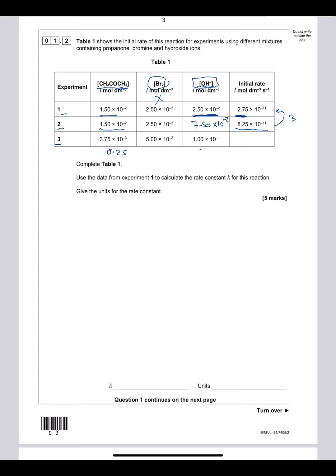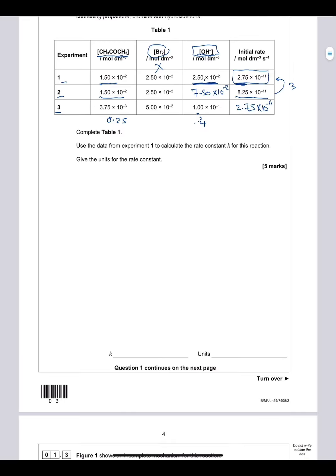And for the hydroxide, the concentration has increased compared to the first one, increased 4 times, which means we're going to multiply this by 4. So when you take the initial rate from the first one, multiply this by 4 and also by 0.25, that will give you the exact same initial rate, which is 2.75 times 10 to the minus 11. So this is the initial rate for this one.